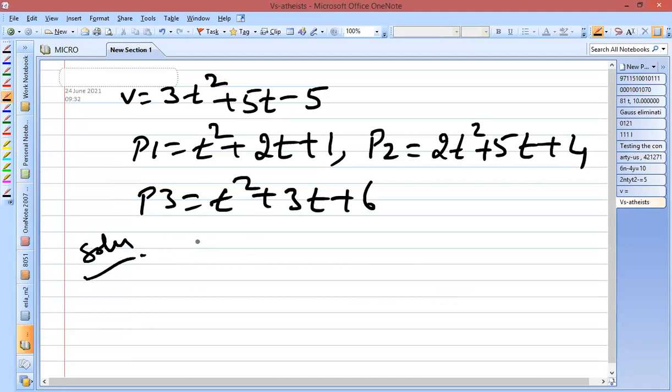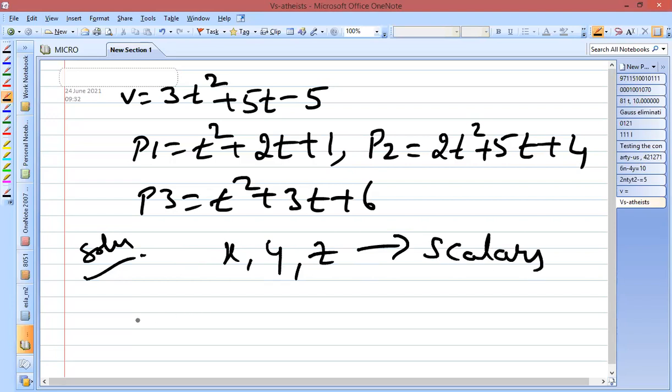Also here, assume the scalars belong to the field F. So here I'll take x, y, z as the scalars, and we want to express the vector v as a linear combination of the polynomials p1, p2, p3. So you would be writing v is equal to x p1 plus y p2 plus z p3.